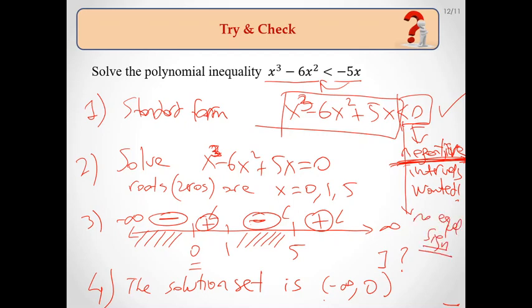So no equal sign, you take only parentheses, no brackets. And then union, negative. Again, this one, negative. So again, 1 not included and 5 not included because of no equal sign. So this is how we solve this inequality. The solution set should be this. These are the steps we follow all the time.